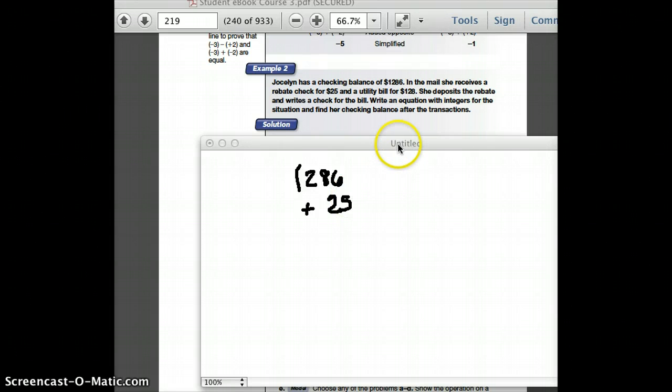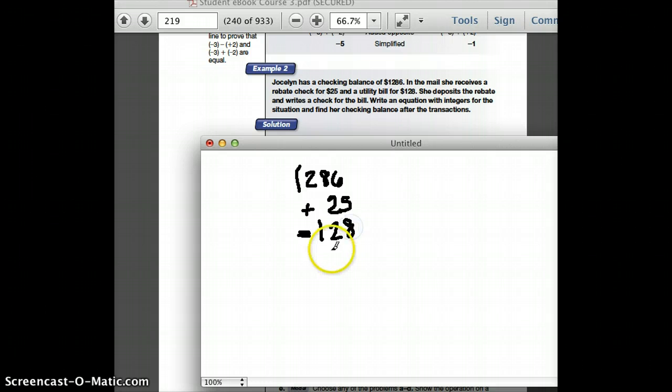And a utility bill for $128. A bill is minus. So she receives a check for $25, and then she gets a bill for $128. She deposits the rebate check and writes the check for the bill.